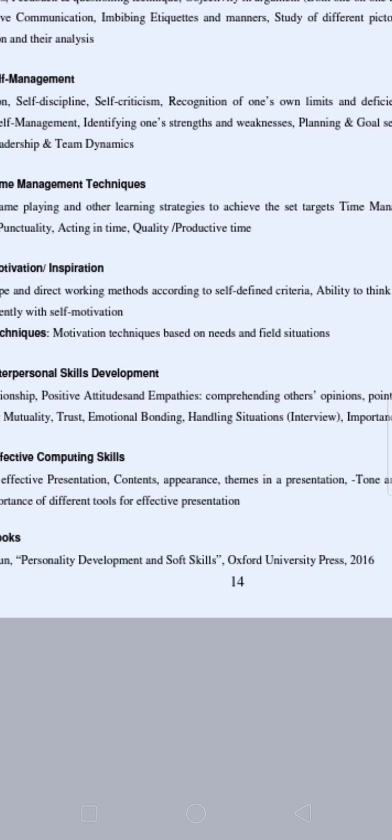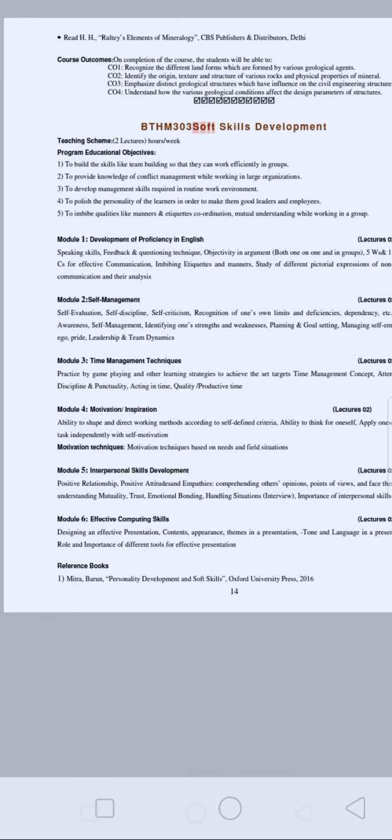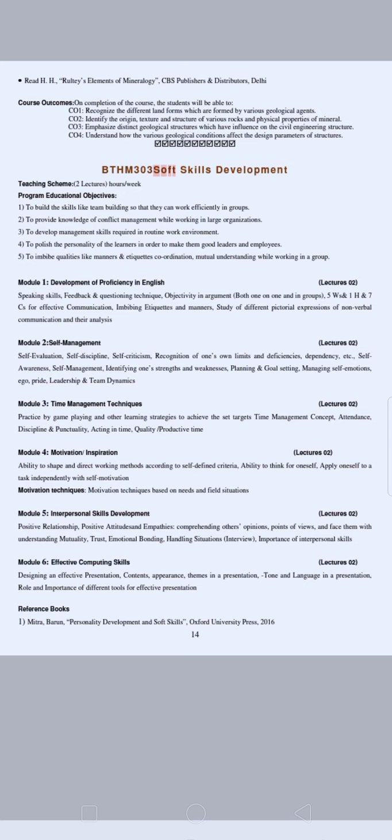Another book is Non-violent communication. Right now I can't remember the name of that writer, but this same syllabus is available on the website of DBATU. You may refer to it in detail.